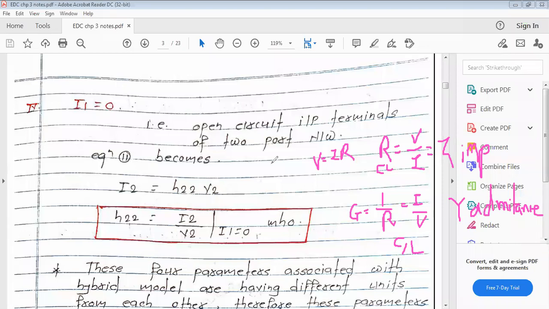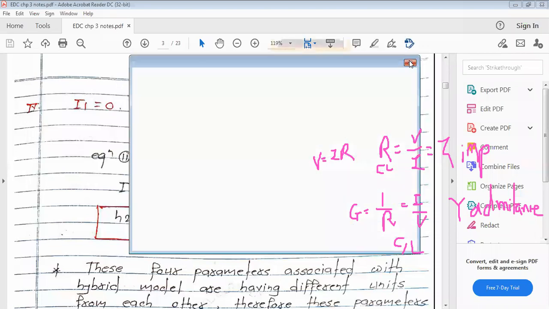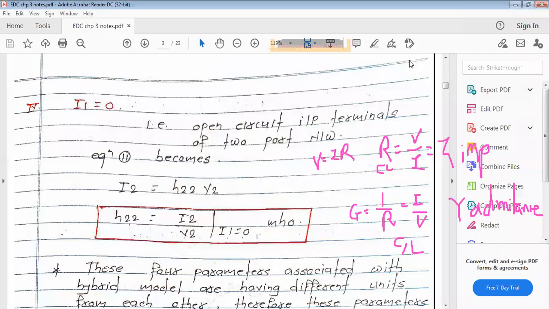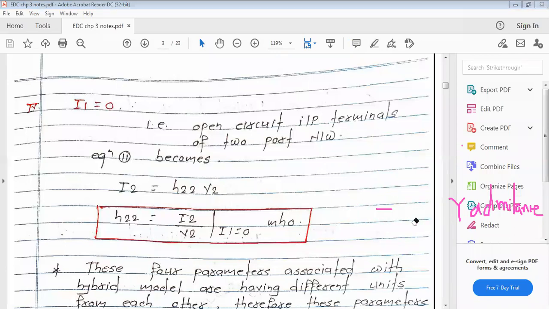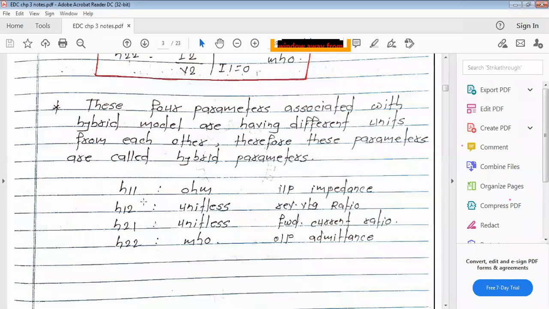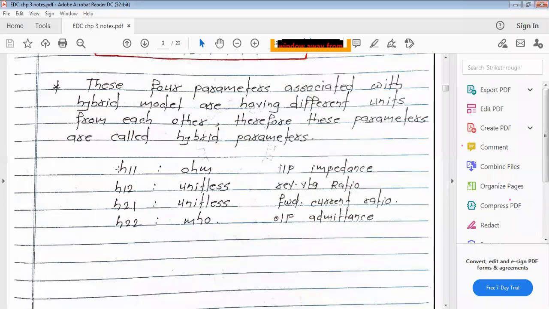Now see, if we consider all four components: H11 is the input impedance.